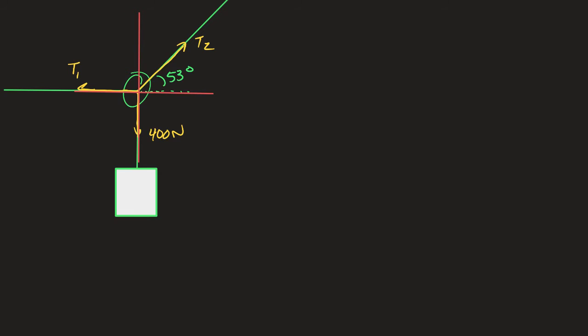So I'm going to use that coordinate system, and I'm going to break the tension 2 into 2 component vectors, so that I'll have T2 cosine 53 and T2 sine 53. Any questions there? All right.